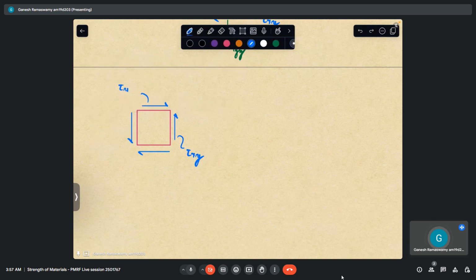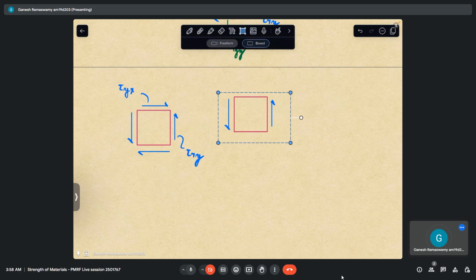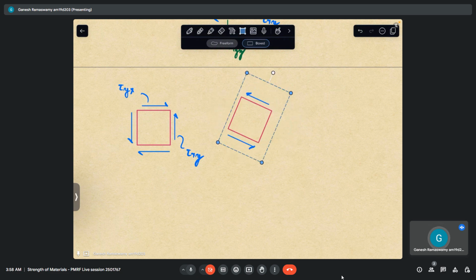So I have this as tau yx. Under the action of tau xy alone, the element, if left to itself, will try to rotate like that.